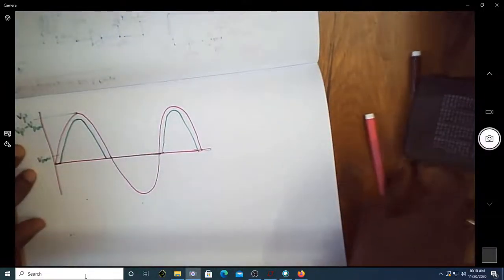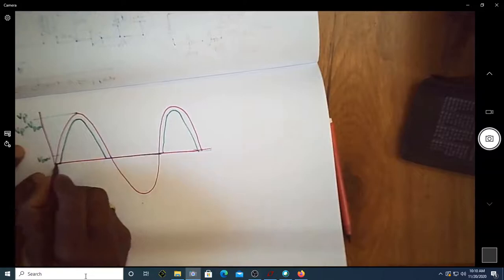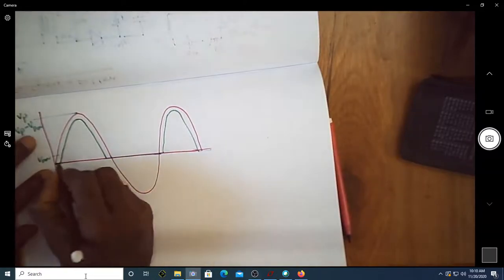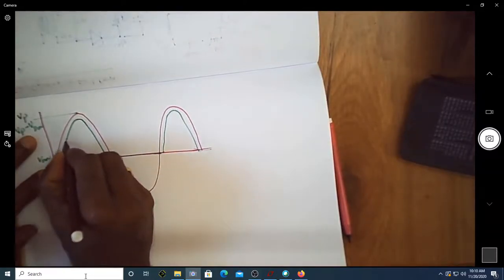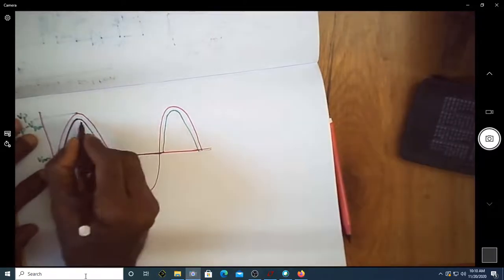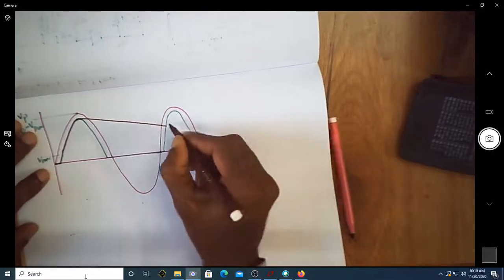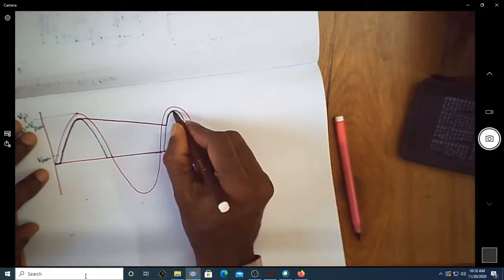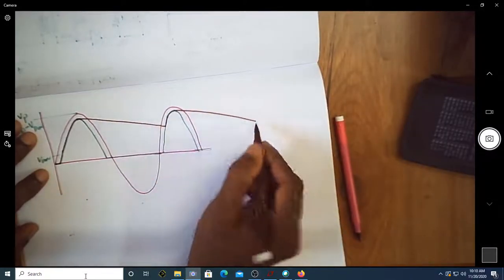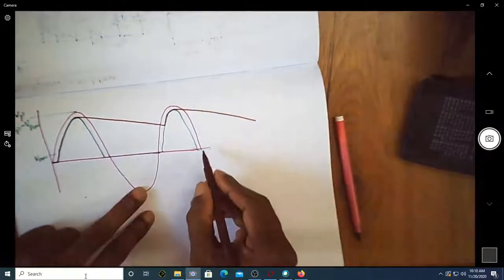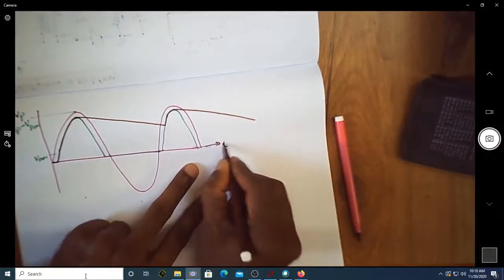Now let us see what happens to your capacitor voltage. You can see the capacitor is charging like this, instantaneously along with the input voltage, goes till the peak, and then keeps coming down till this point, then again increases till the peak, then goes down. This is how it continues, and on the x-axis it is T.